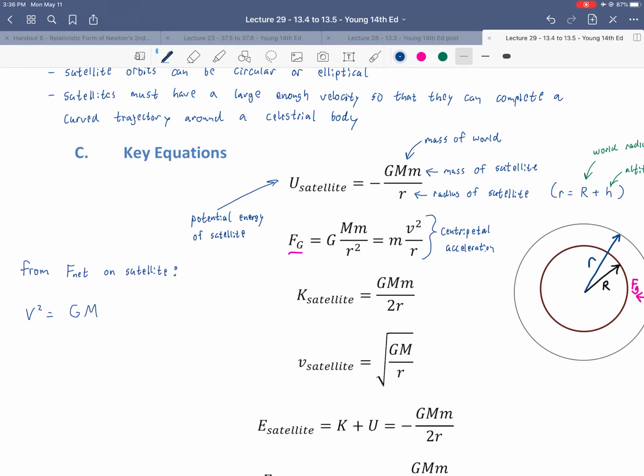So we'd have G M over r. Okay? And, okay, so take a look at that. That's your v squared, right? If I wanted to solve for v, obviously just take the square root of both sides.